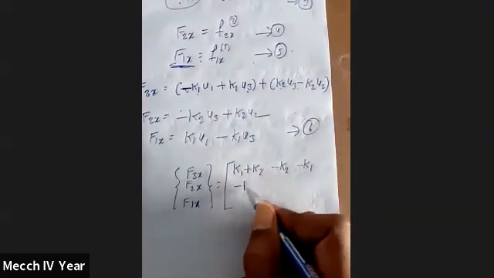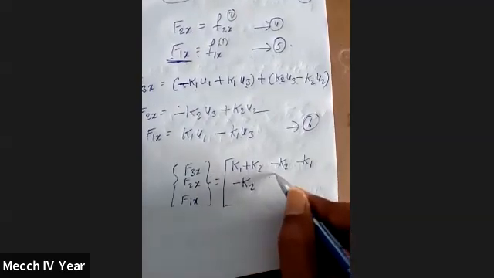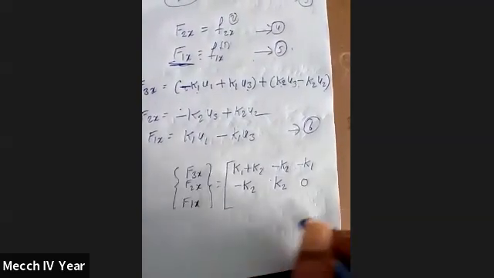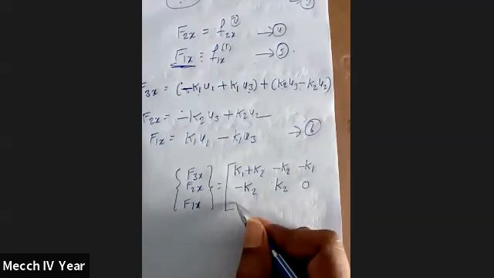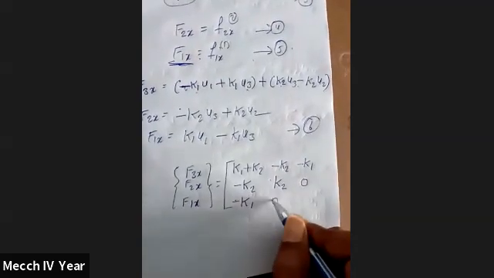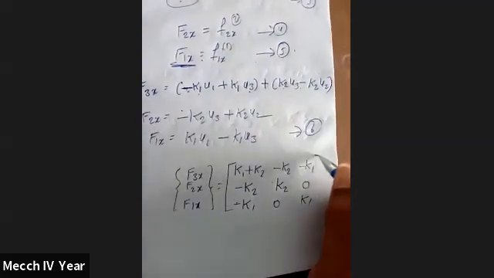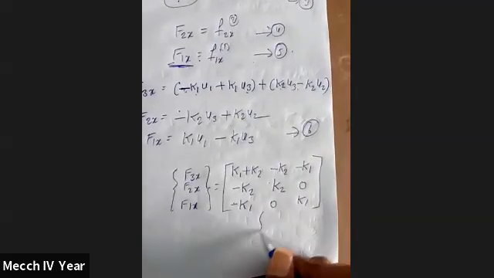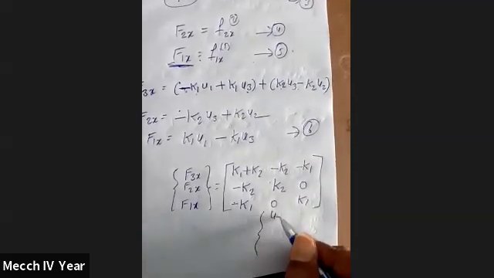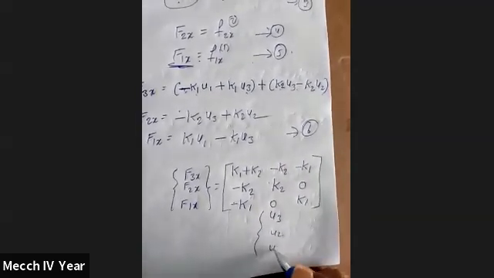Then the second row minus K2, K2, 0. And the third row K1, 0, K1, and now the continuation U3, U2, U1.